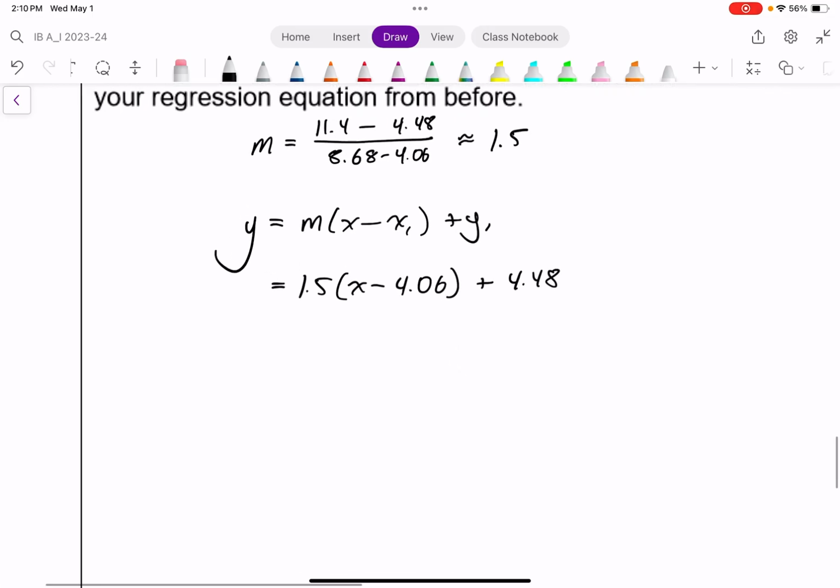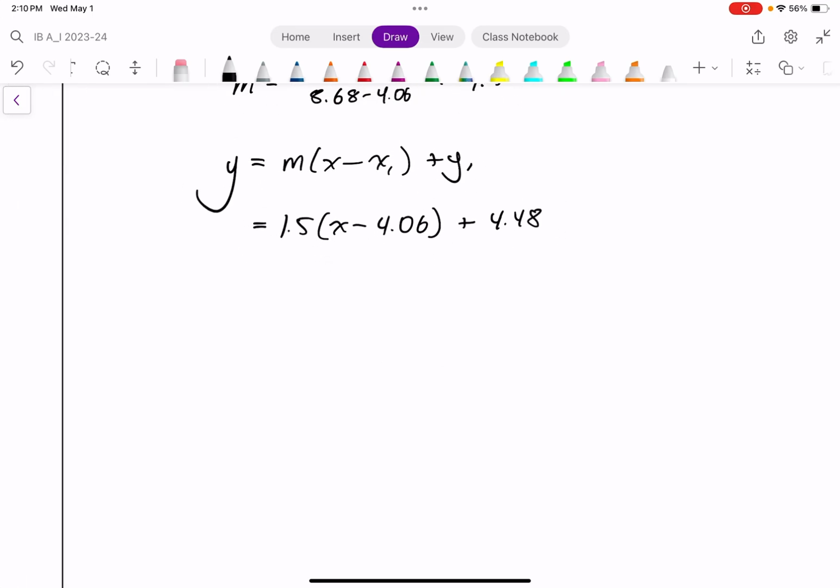Keep in mind, this is my linearized equation, all right? So I'm ignoring the fact for a moment that I actually found the ln of x and the ln of y to get these values. Distribute the 1.5 and clean this up. Pretty quickly, I get 1.5x minus 1.61.